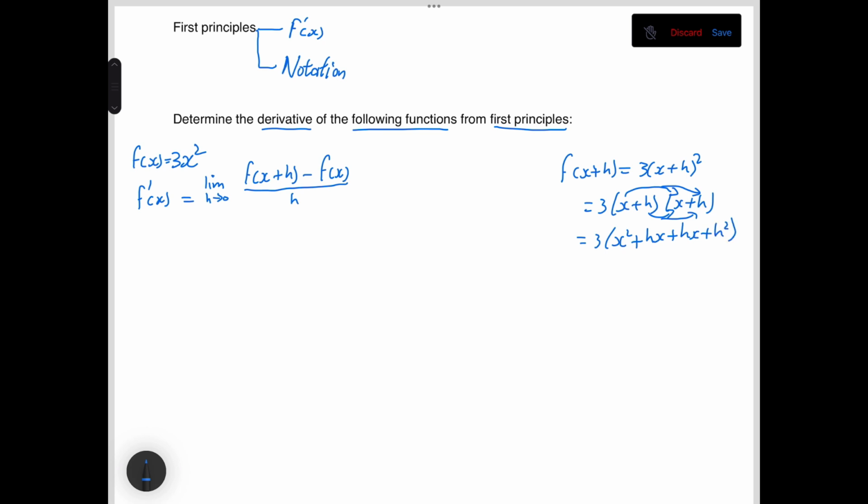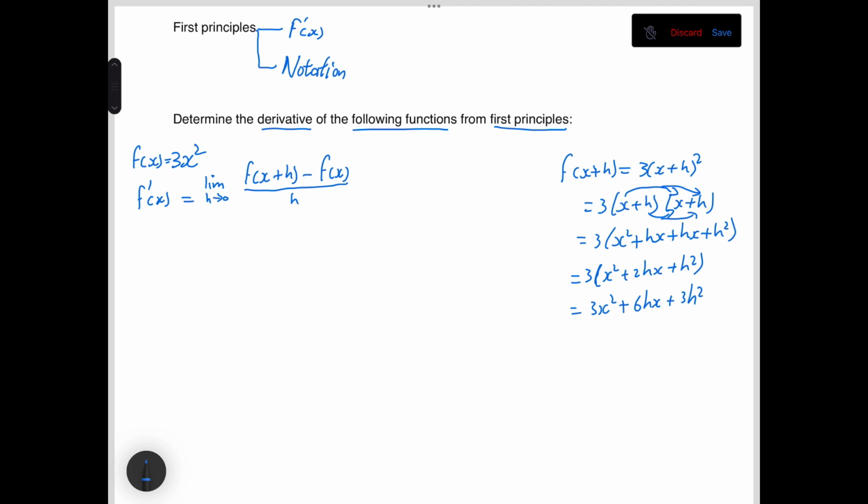We still simplify the bracket and add like terms, so it's going to be 3, open bracket, x squared plus the 2 middle terms added, 2hx, plus h squared. That gives me 3x squared plus 6hx plus 3h squared.